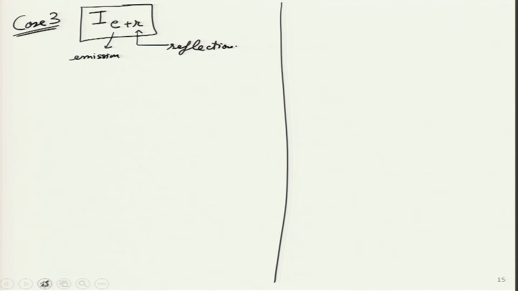Let us consider a unique case where there is a surface over here and a certain incident radiation is irradiated over here. I can represent it by the symbol G, because this is what we studied in the last slide. This one is the irradiation.